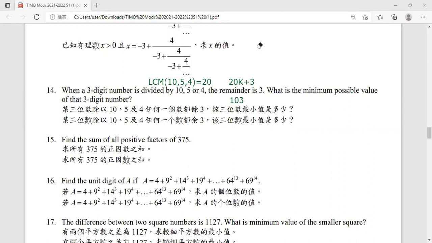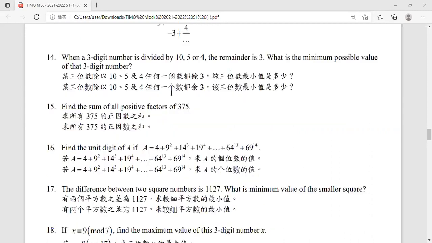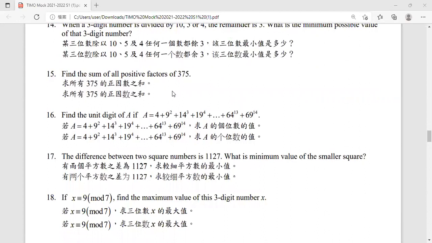Okay, question 15. Now, the sum of all positive factors. Now, we have a good way to do it. First, please do some prime factorization. Please do this one, okay?